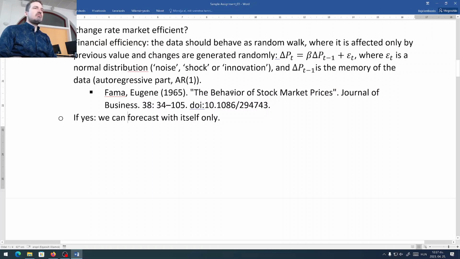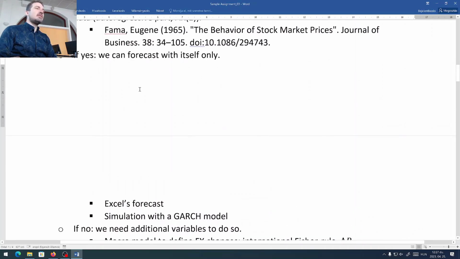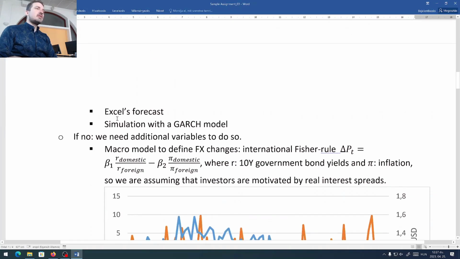So we have to assume that this is following a random walk behavior, so prices are changing because they remember only the past value, what happened last day or last week, and also they are following a normal distribution, so they don't have any extreme jumps back and forth. They are completely boring. And if we have this assumption, then we can use only the data to forecast itself. So the easiest way is to use Excel, and then we can have some ideas.